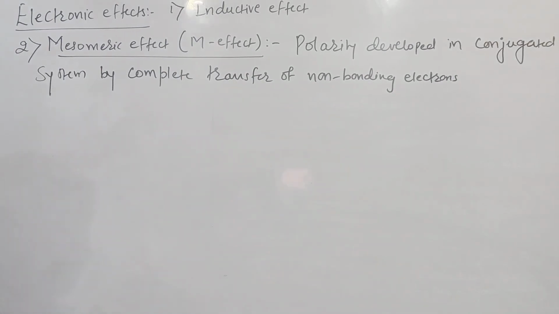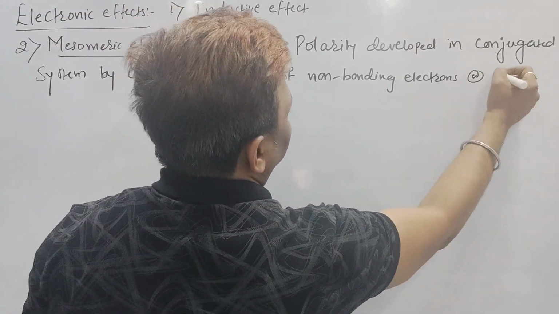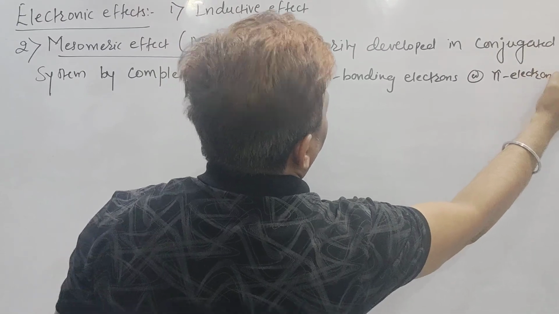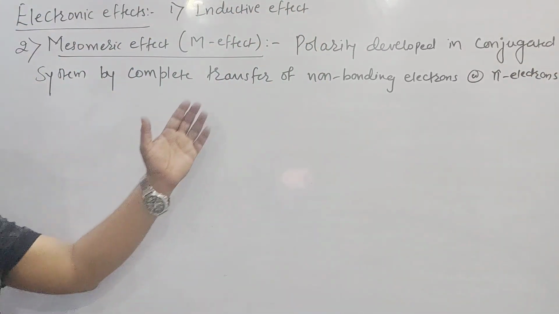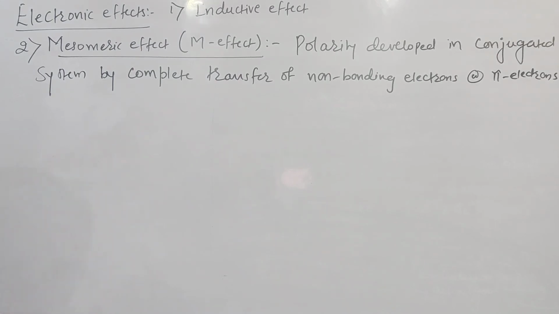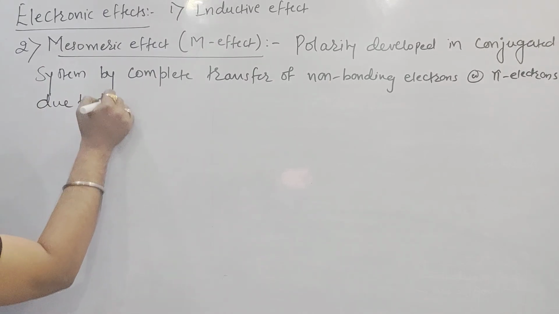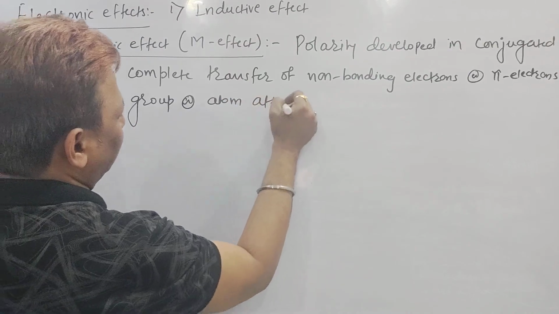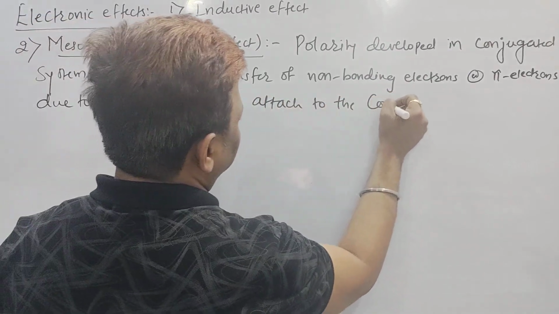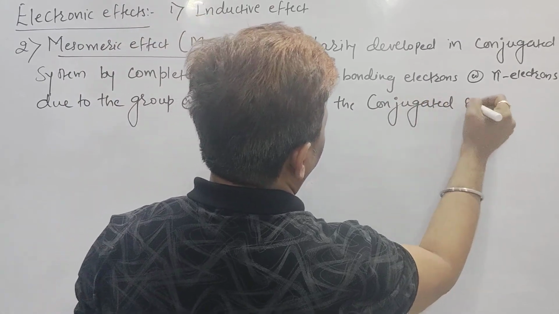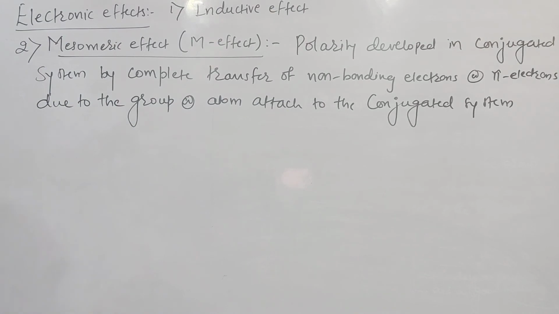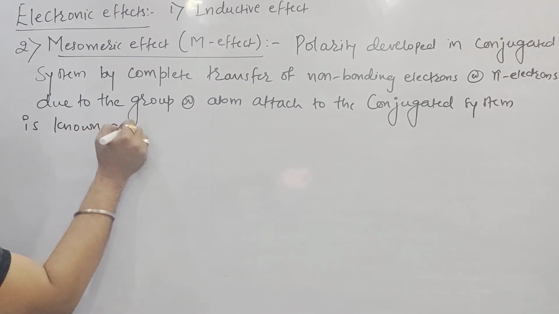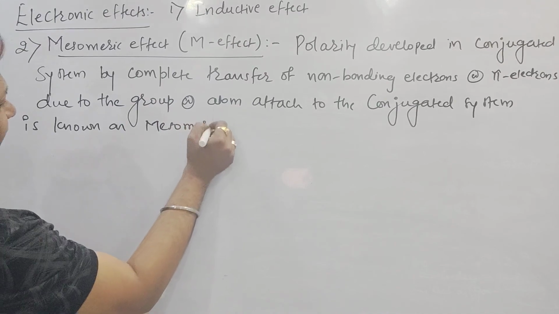Or we can say pi bond electrons, transfer of non-bonding electrons or the pi electrons due to the group or atom attached to the conjugated system, that is known as the mesomeric effect.